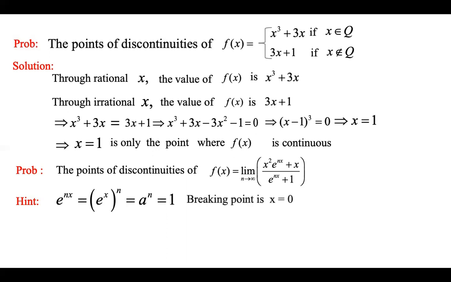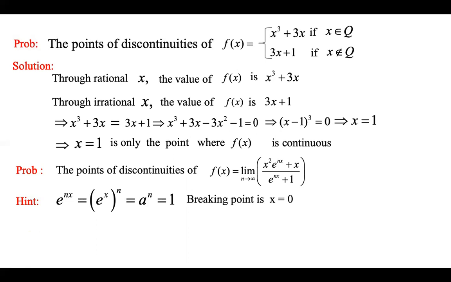Therefore, our a will be e power x now. So a will become 1, meaning e power x will become 1, meaning x is equal to 0 is the breaking point now. We are supposed to discuss this problem when x is less than 0, when x is greater than 0, and when x is equal to 0.